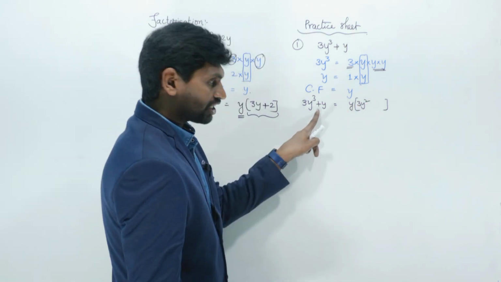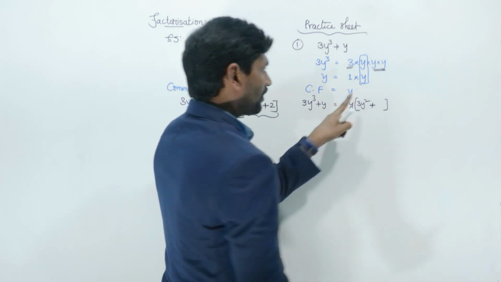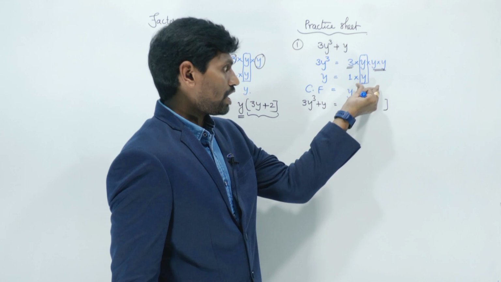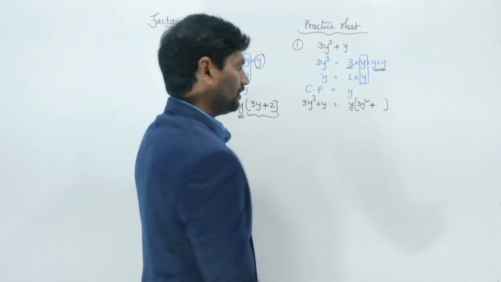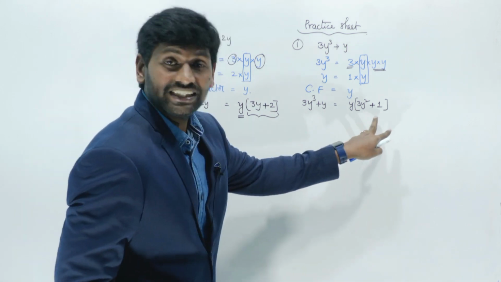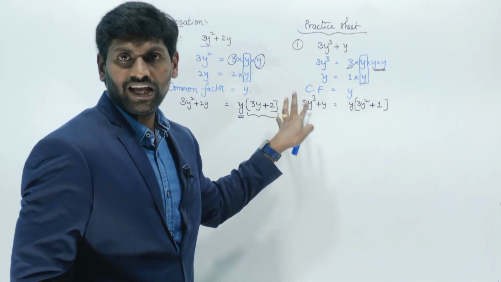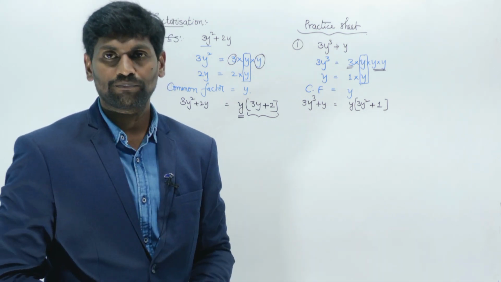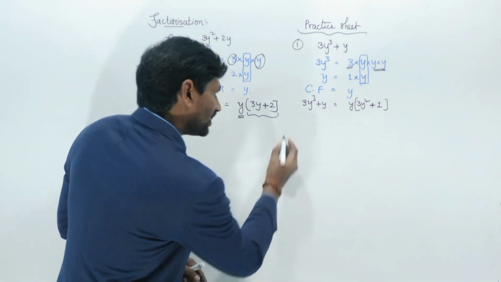The middle term is plus. From the second term, if I remove the common factor y, only 1 will be there. So this is the factorization of the given expression: y into (3y square plus 1). Now let us go to the second problem.